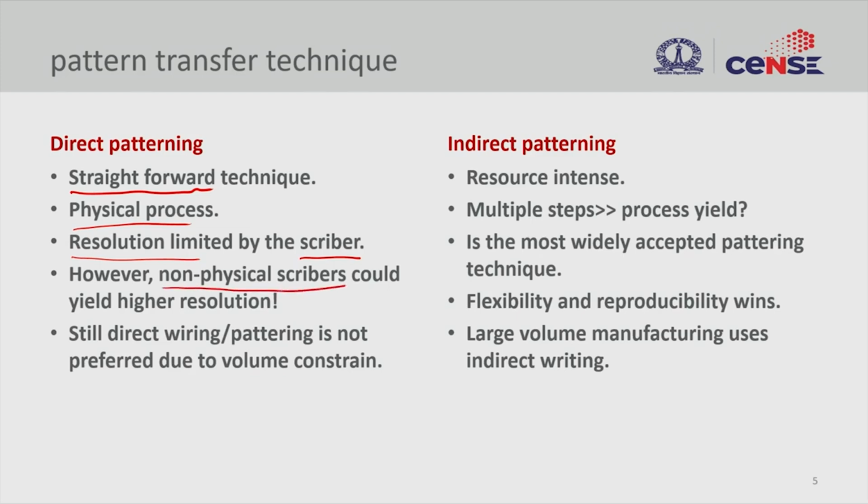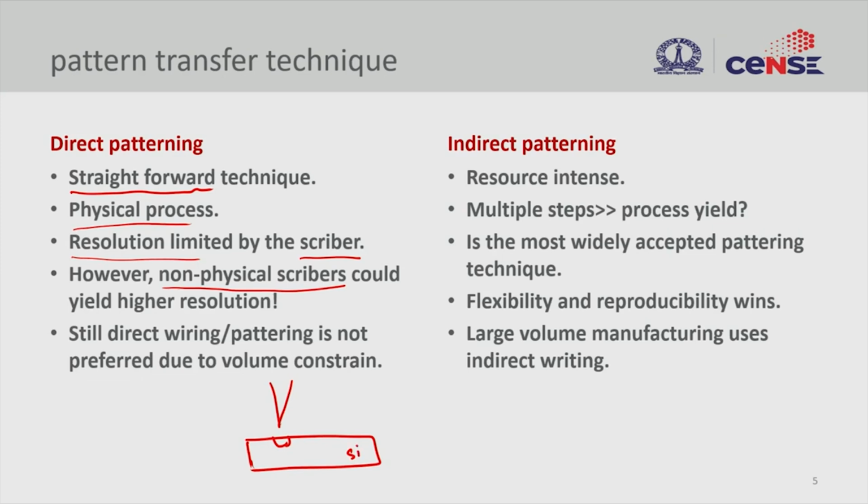So a non-physical scriber could give you a better resolution. For instance, an ion beam, right? So if I use an ion beam, and this ion beam can interact with the substrate and then pattern the substrate, right? And this is non-contact, right?